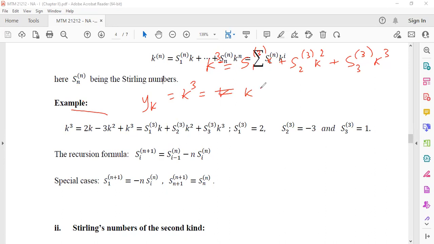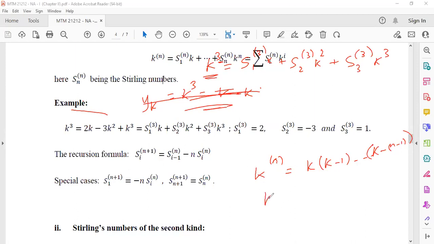See the definition of factorial polynomial. If it is k to the n, we have k into k minus 1, goes up to k minus n plus 1. So if it is k3, you can write in a bracket, k3.